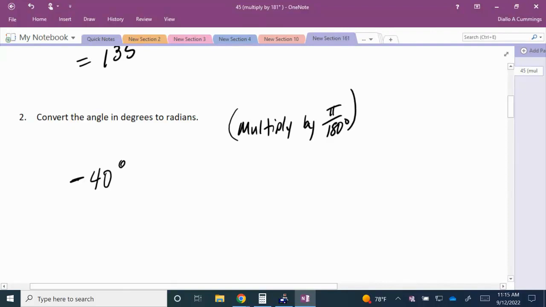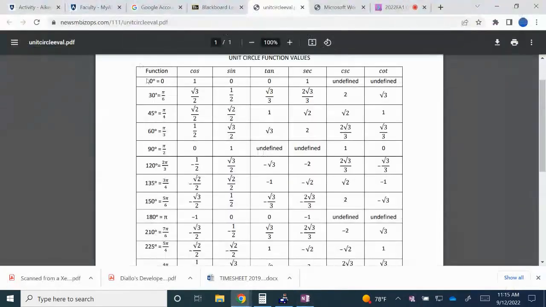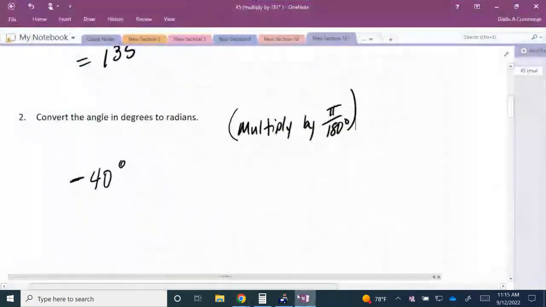I would also look at the unit circle and the function values chart, but we have 30 and 45. We don't have 40, right? So we're going to convert it by multiplying by pi over 180 degrees.